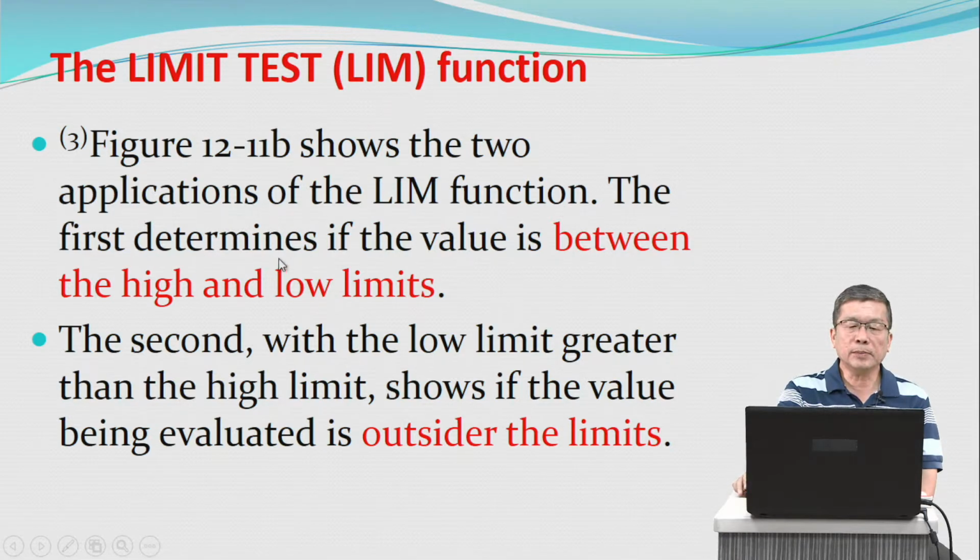The first determines if the value is between the high and low limits. The second, with the low limit greater than the higher limit, shows if the value being evaluated is outside the limits.